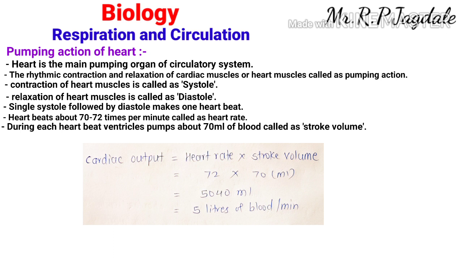So cardiac output is equal to 72 times 70, which is equal to 5040 ml. That is about 5 liters of blood per minute. So cardiac output is 5 liters of blood per minute. Okay, this is about the pumping action of the heart.